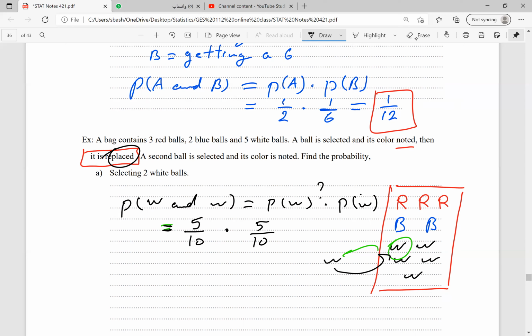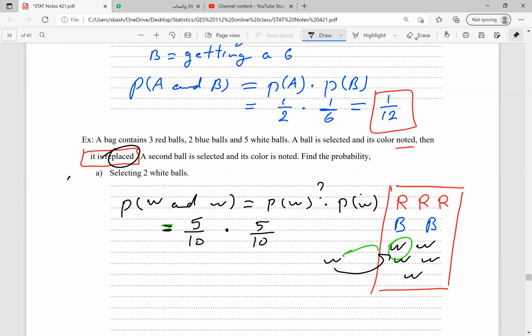It means that choosing a white ball the second time is still 5 out of 10. So the probability of getting a white ball the second time was not changed, still the same, 5 out of 10. Since the probability is not changed, the two events are independent.